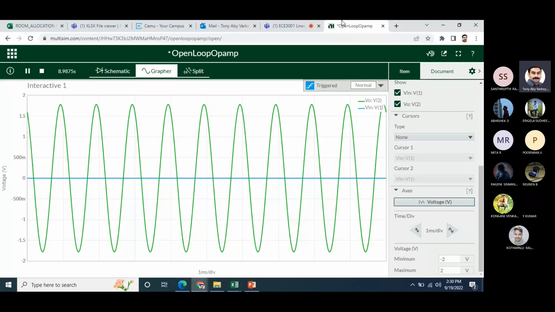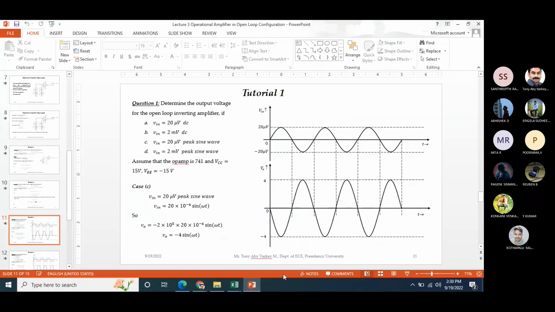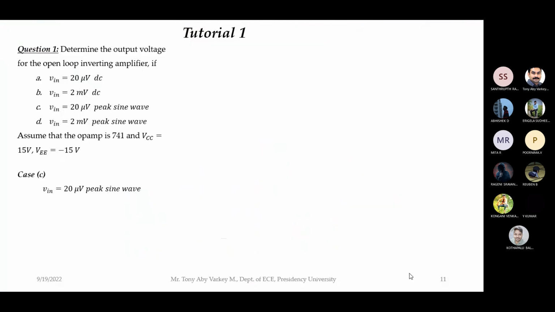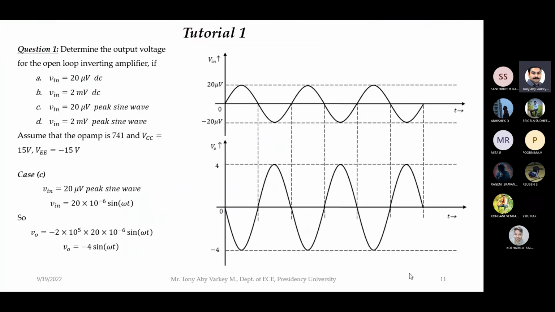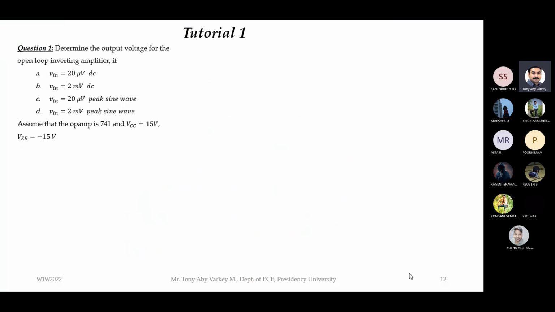Now we'll continue with the fourth one. The fourth case, we are giving a 2 millivolt peak sine wave. So a 2 millivolt peak sine wave, how will you write it in sine wave form?